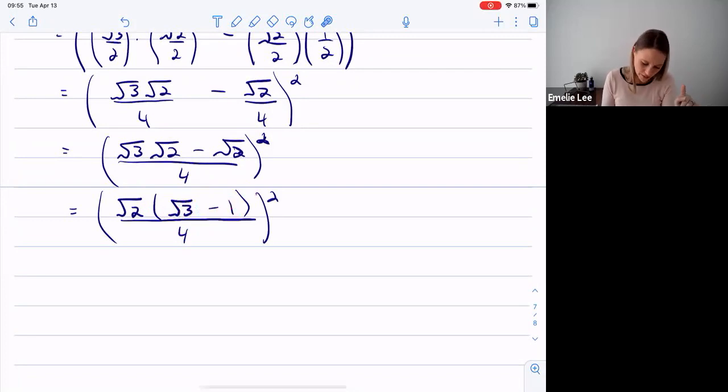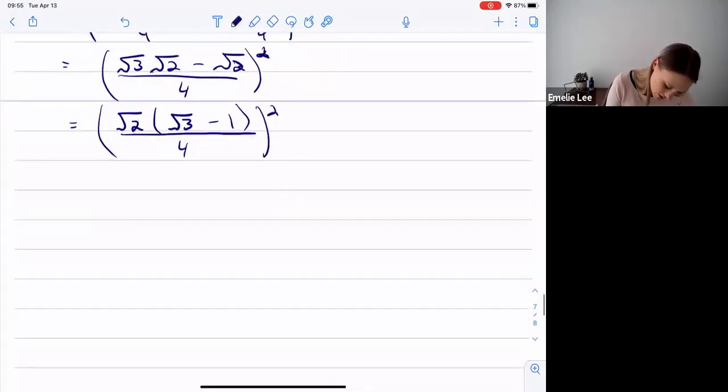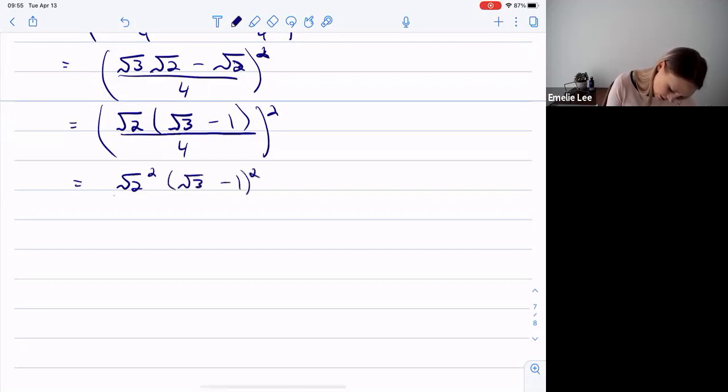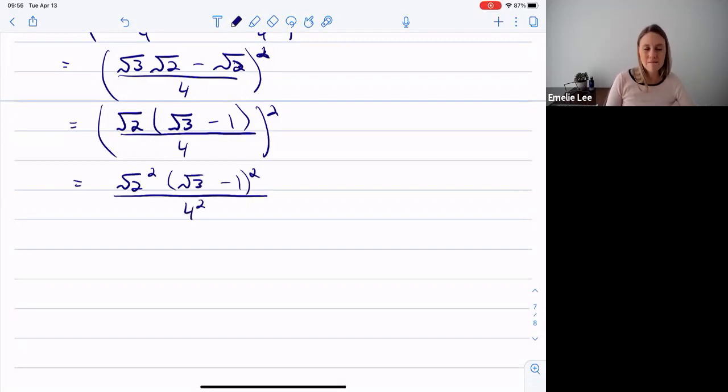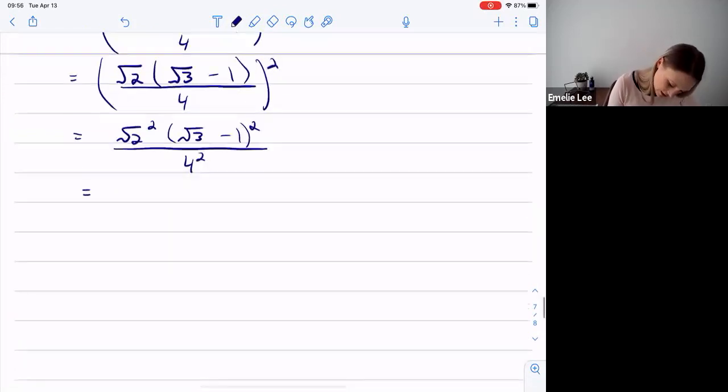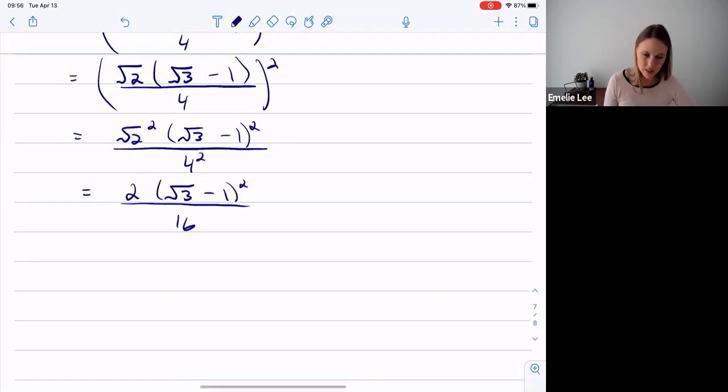I can bring the square inside, and so this becomes √2 squared times √3 minus 1 squared over 4 squared, putting me at 2 times the √3 minus 1 squared over 16.